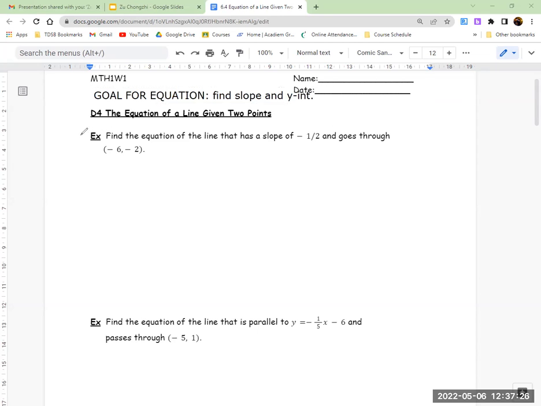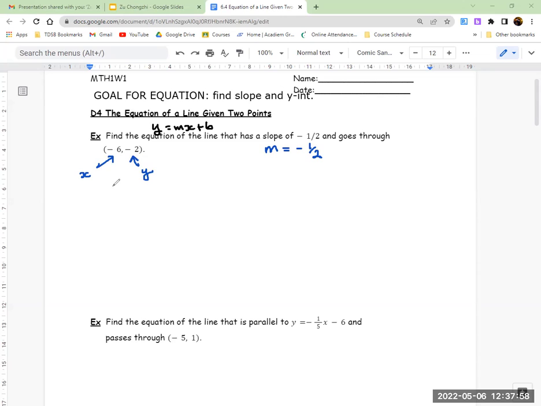Think of it as a test example. Find an equation of a line, so find y equals mx plus b, that has a slope of -1/2 and goes through a random point. On the line, that is a potential x and that is a potential y together.